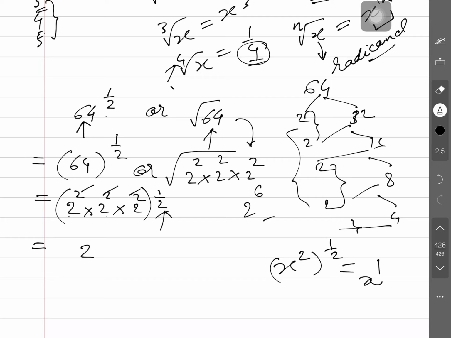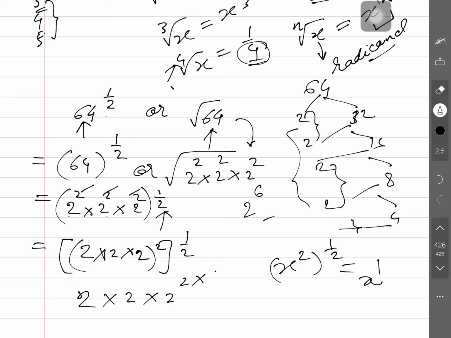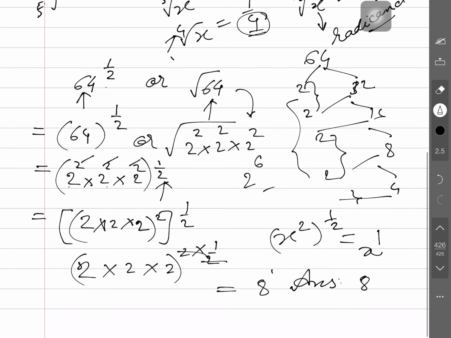So we can take 2 into 2 into 2 together, and outside is 1 by 2, so the powers are to be multiplied: 2 into 1 by 2. Further, 2 and 2 cancel, so 2 to the power 3, that is 8. So this is the use of the law of indices.